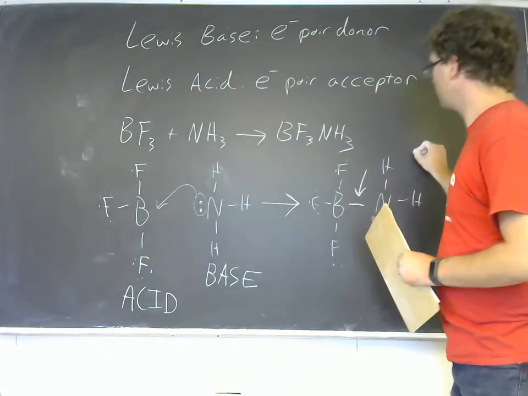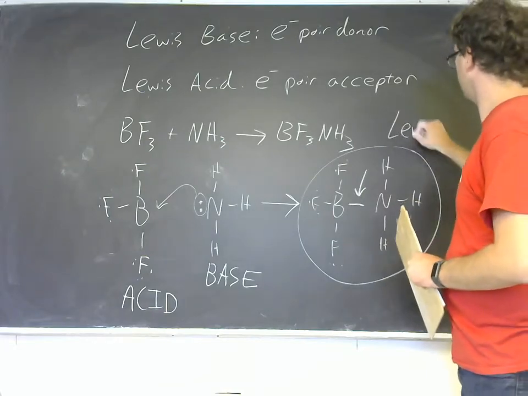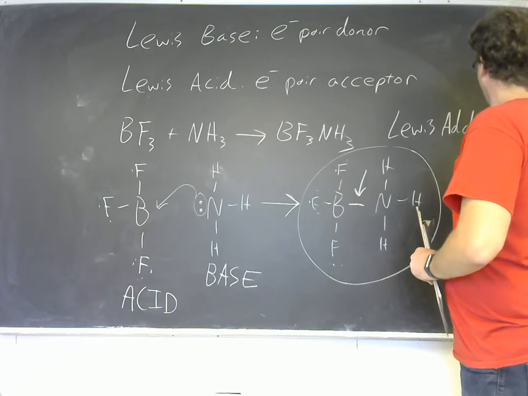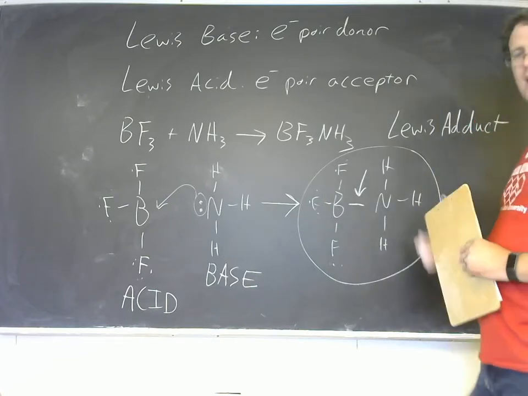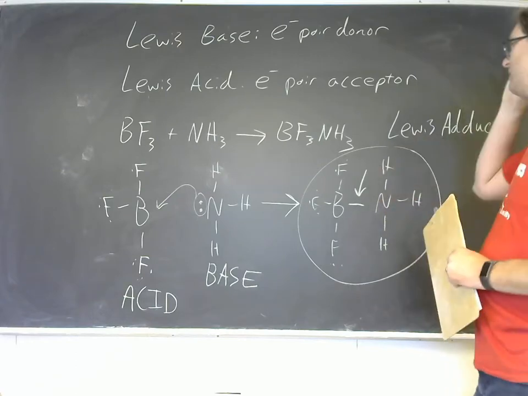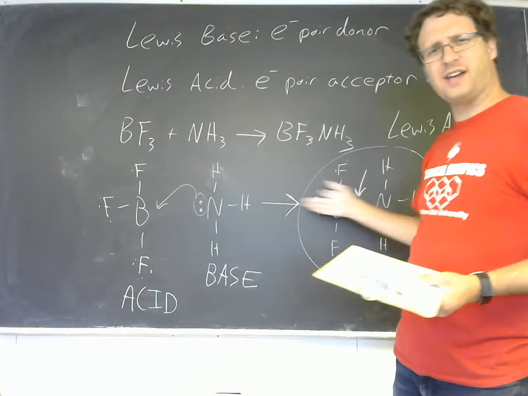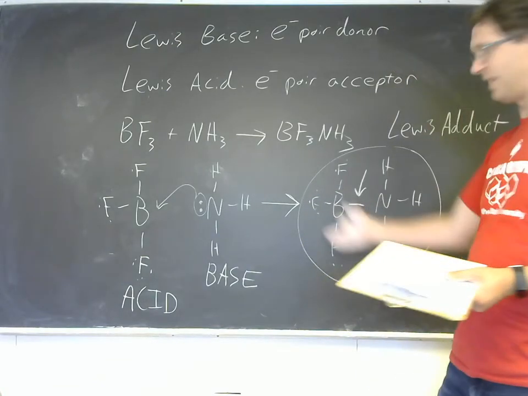Now this new compound here is called the Lewis adduct. The Lewis adduct. Unlike most acid-base reactions that we've investigated so far, I can't clearly identify a conjugate acid and a conjugate base. They're both the same thing.